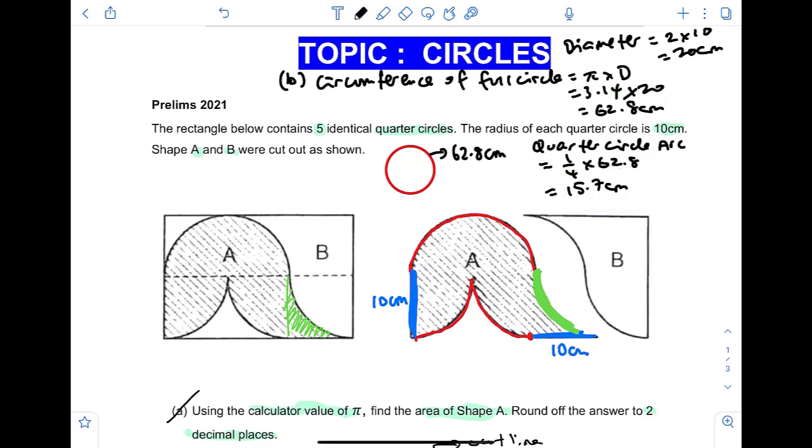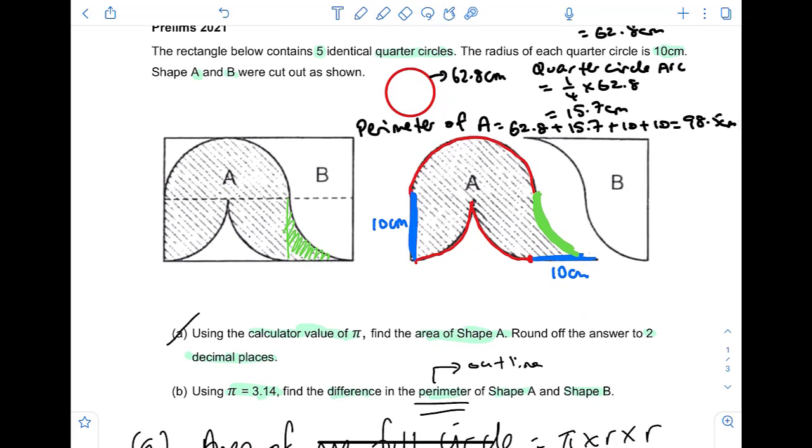The perimeter of shape A will be the full circumference, which is all the red parts, plus the green part, 15.7, plus 10, plus another 10. 62.8 plus 15.7 plus 10 plus 10 is 98.5 cm. So that settles our part A's perimeter.